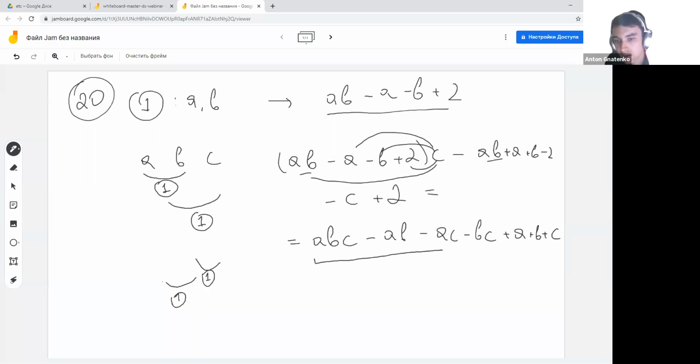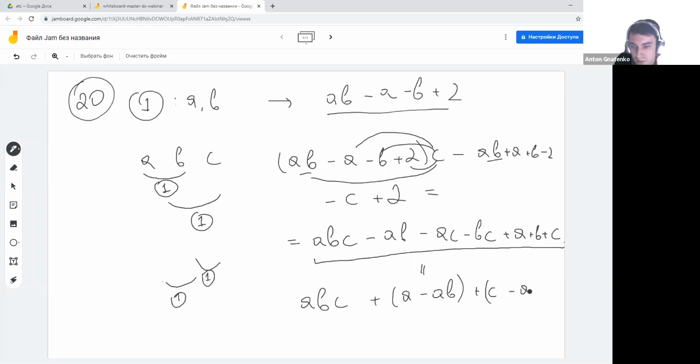So I obtain this result. Or I will rewrite it a bit: ABC plus A minus AB plus C minus AC plus B minus BC. I just rearrange the terms.